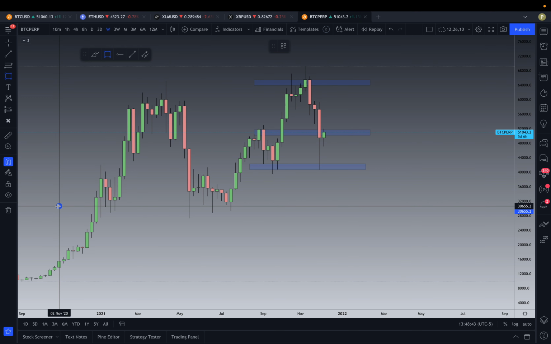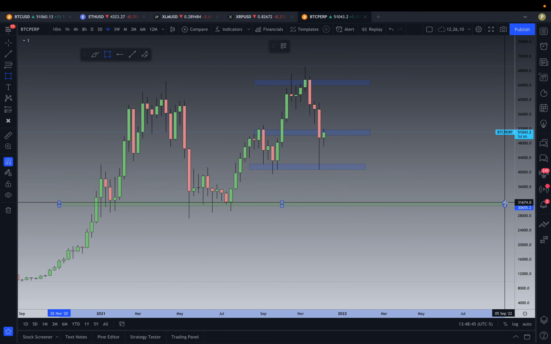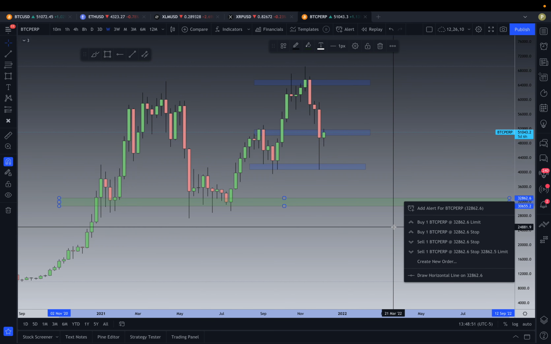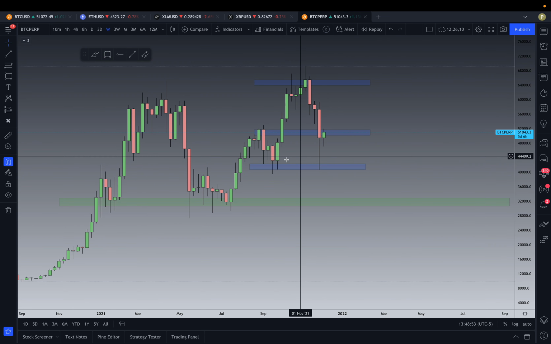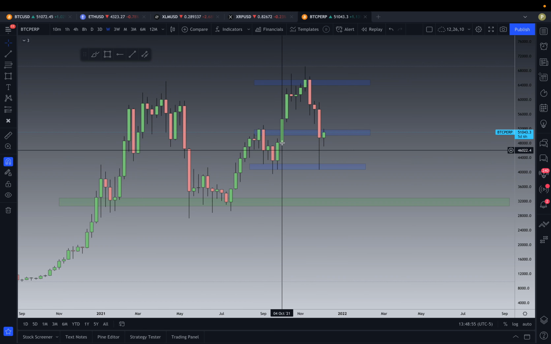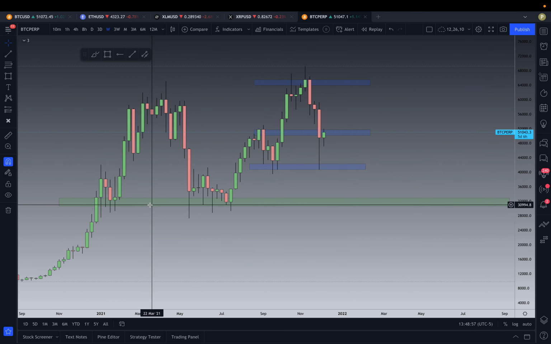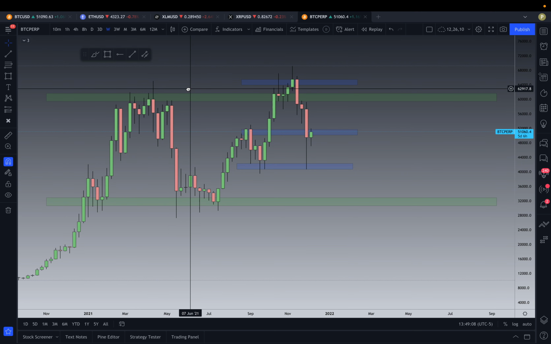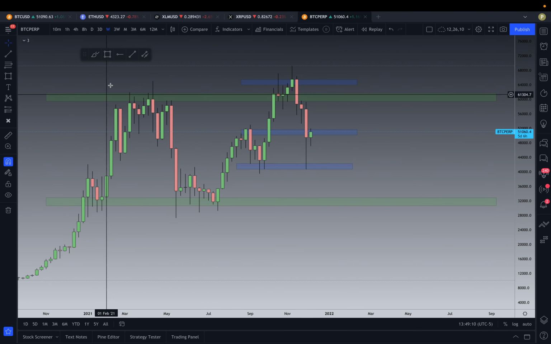This would be my support, something like this. More or less, that'll be my range. The same way I applied that here, let's move that up. Let's make a copy, and then we can see that the market was interacting around here. Okay, so that's the range.